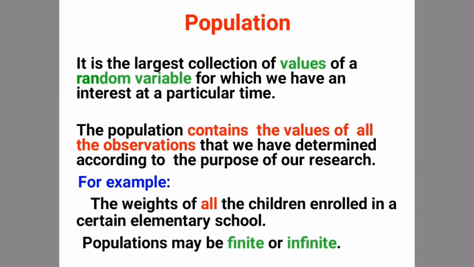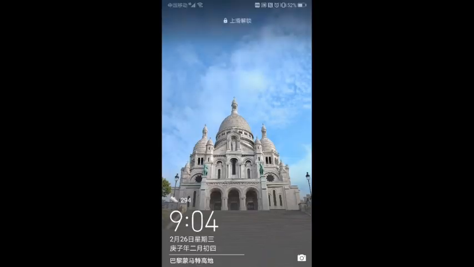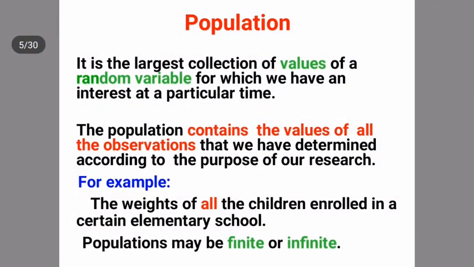So, such a population, we call it a finite population because the number of values is limited. But if the number of observations in a population is very large, or we can't get the exact number of observations, such a population, we call it an infinite population.